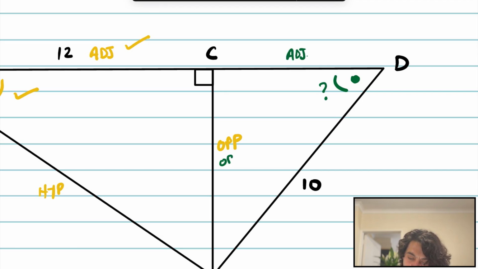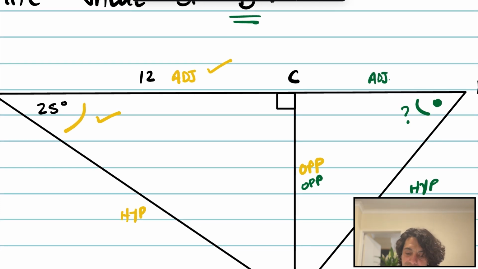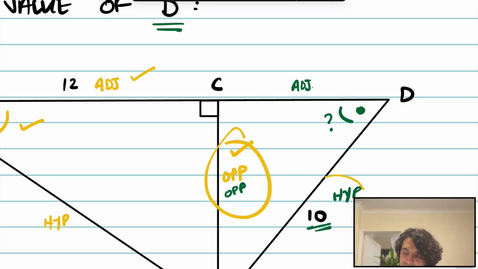Thankfully, this is also our opposite, and this is our hypotenuse. Notice how I only have a hypotenuse there. So I need one other piece of information. Well, if I can solve for this opposite using this angle over here, I would have two pieces of information to solve this angle. Can you see that?